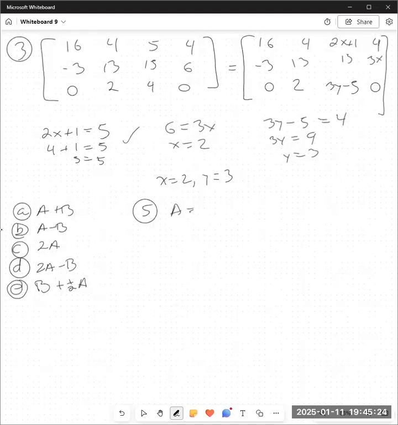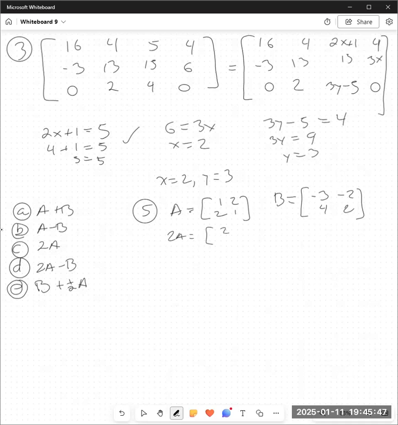So let's go ahead and look at number 5. A is equal to [1, 2; 2, 1]. And then B is equal to [-3, -2; 4, 2]. So I might as well, while I'm here, find 2A, which is [2, 4; 4, 2].